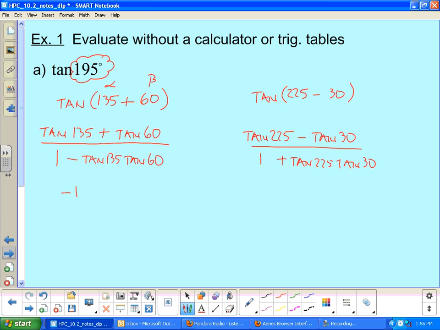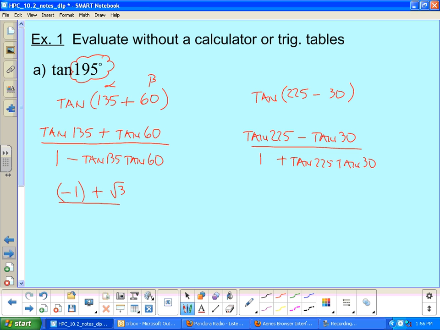Negative 1. I'm in quadrant number 2, where tangents are negative, with a 45-degree reference angle, plus tan of 60, which is root 3. Root 3 over 1.